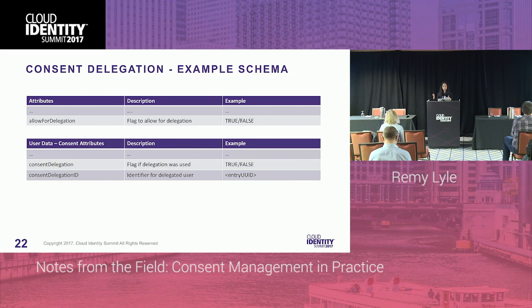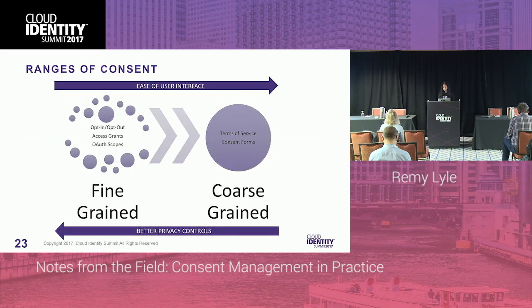I'm making the assumption that the delegated user resides within the same identity provider, but here we're adding the ID for the actual delegated user. But obviously, it can get really complex quickly depending on the number of parties that you have in your consent management system.